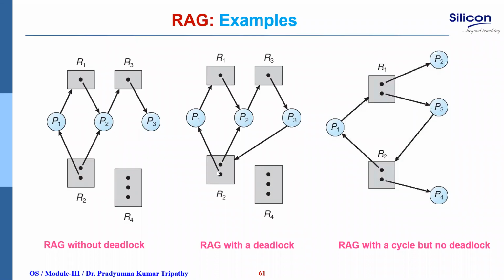P1 cannot finish because it is in the cycle. None of the processes in the cycle can finish. P2 and P4 are not part of this cycle, and they are not waiting for other resources to finish.